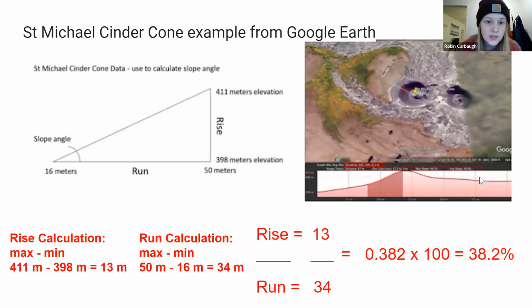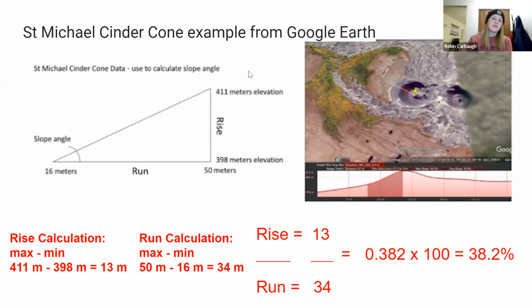And then this is an example of a real life volcano, doing the same thing. You would want to find rise over run, and the lab is going to ask all this different info. So make a note of all of it. And then this is where we need to start taking into account the max minus min. So the max for this one being 411, we'd want to subtract that by 398.